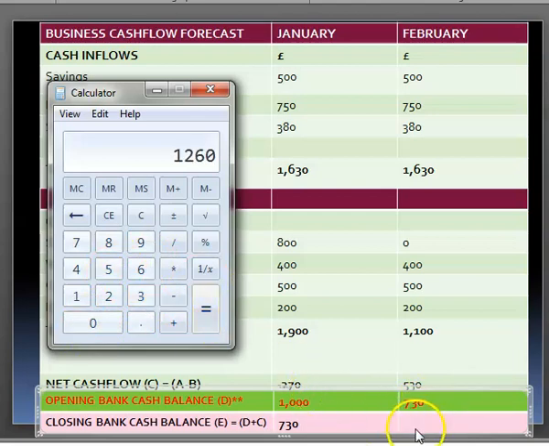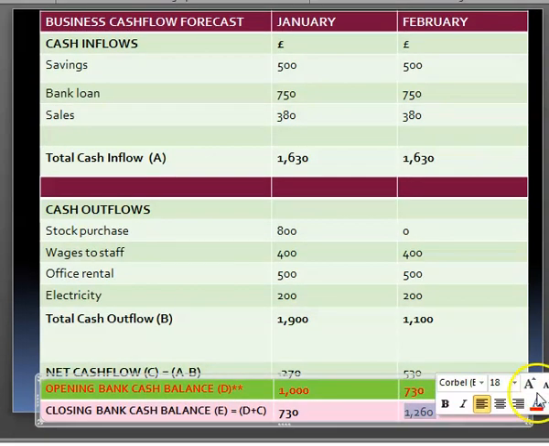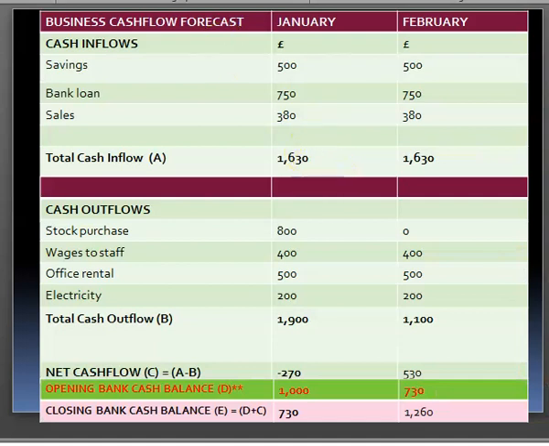So they have 1,260 pounds left in the account for February. Now for March, this closing bank balance will become the opening bank cash balance for March. That is how they calculate.